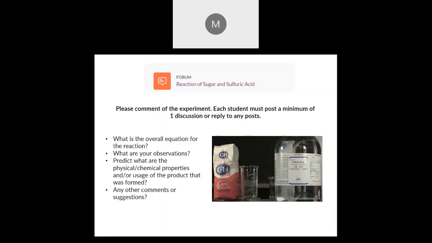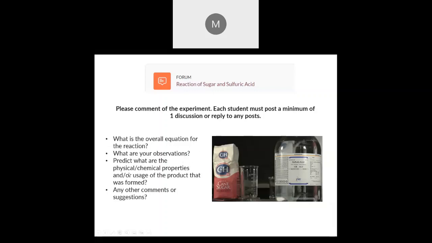This forum will be open until tonight, midnight, 12 a.m. So please help your other friends during the discussion. You can post your questions. Here are some of the questions that you can reply to. What is the overall equation for the reaction? What are your observations?